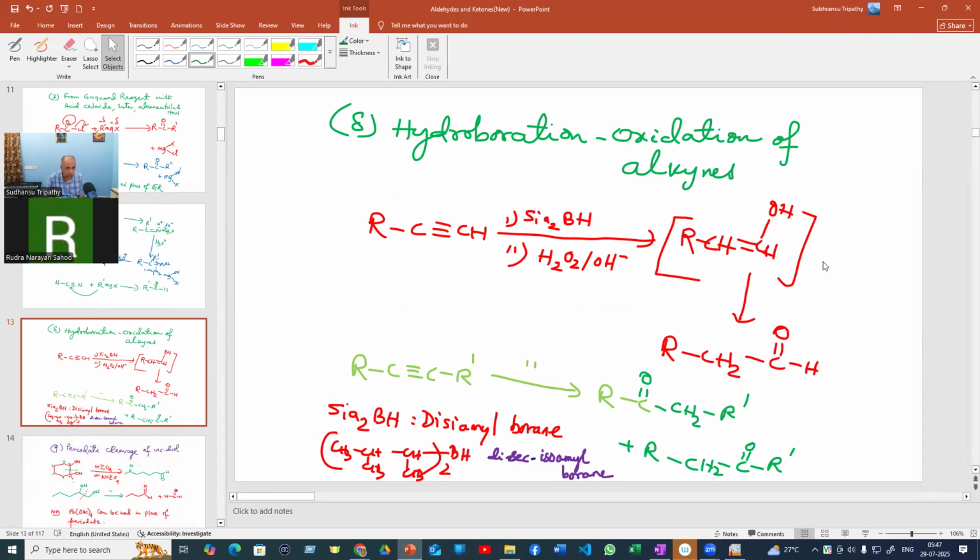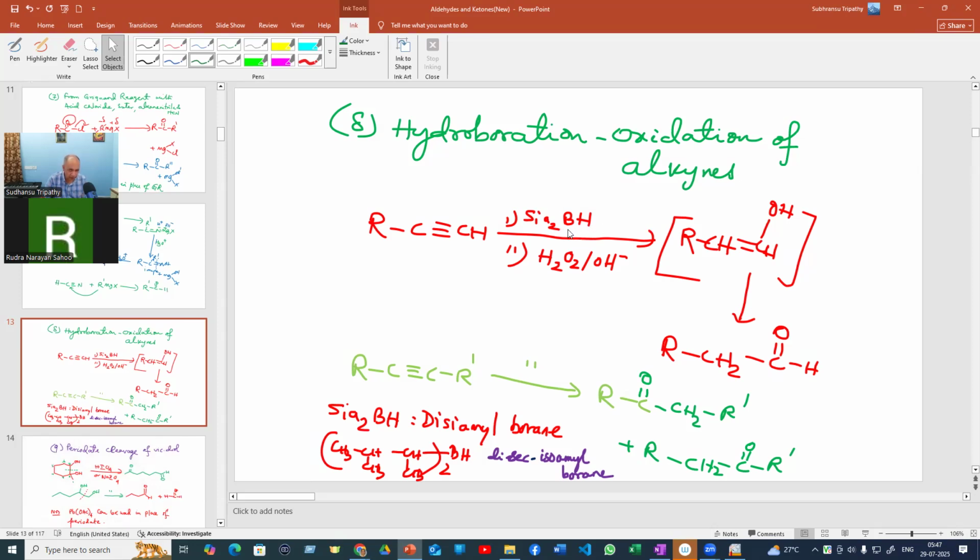Now, this we have already known, but hydroboration we knew, but hydroboration using Sia2BH we do not know. This is a new one, mostly used for aldehydes, from terminal alkynes, with a very selective and hindered borane, not diborane.